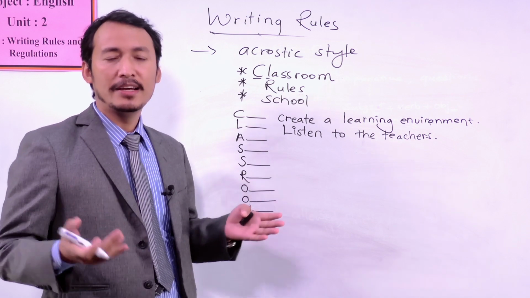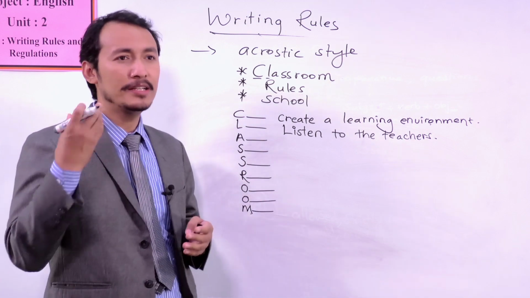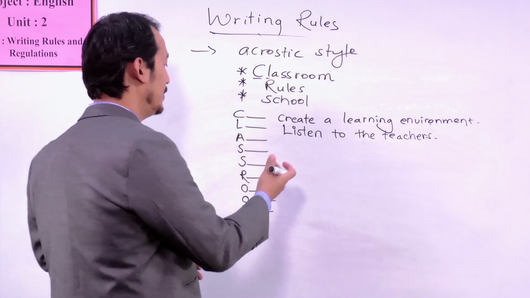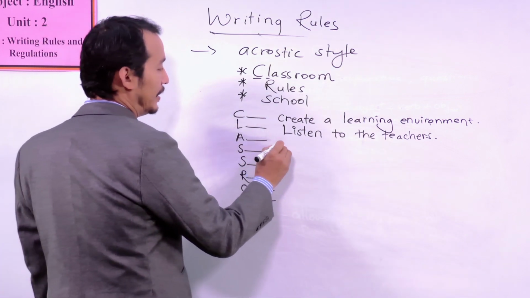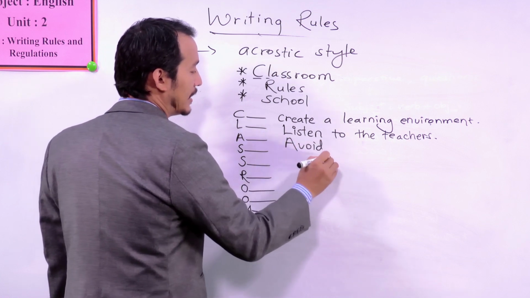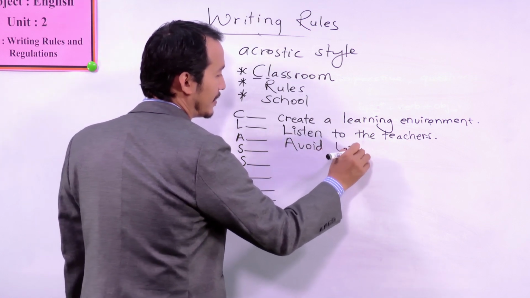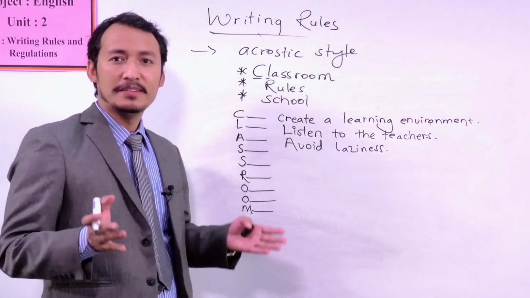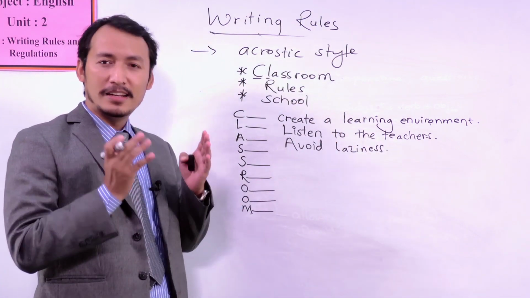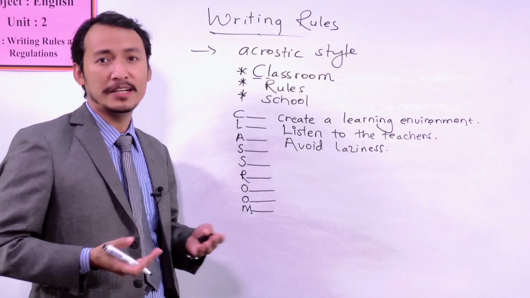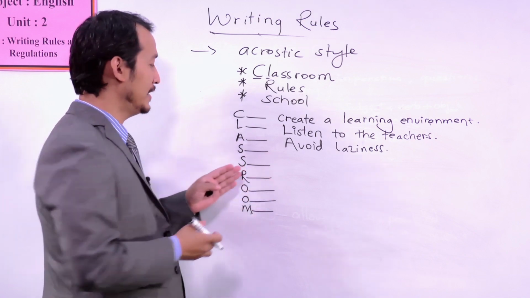You can imagine or remember those words starting from A, and then you can apply them in your rules. For example, avoid laziness. Okay, students mustn't be lazy. If you are lazy, we don't do any reading, right? So you have to avoid laziness.